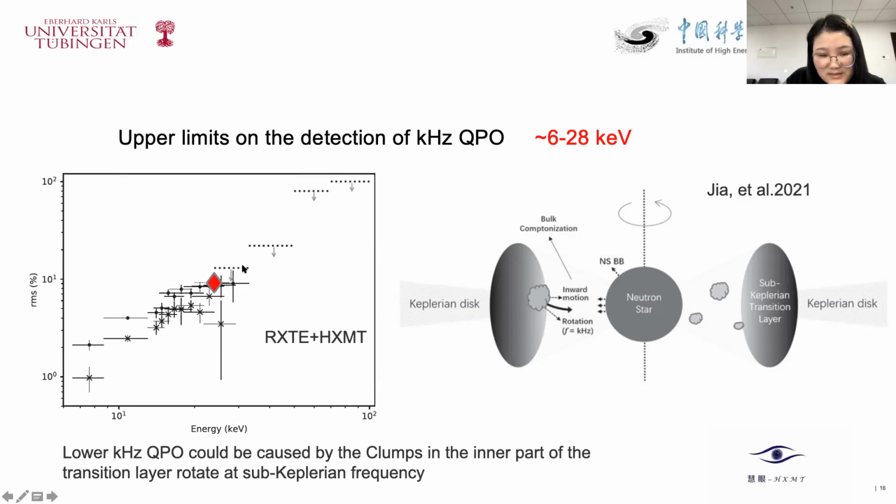Even though we haven't detected signals above 30 keV, according to the ability of this detector, there is likely a signal here, but for this source we don't have enough photons. We did a series of simulations. The RMS could increase above 30 keV. So that's why we apply this.